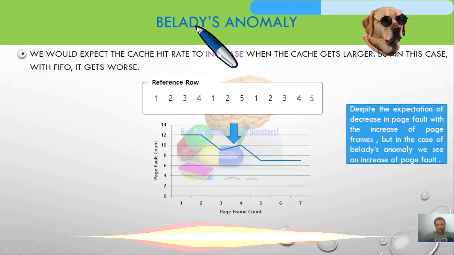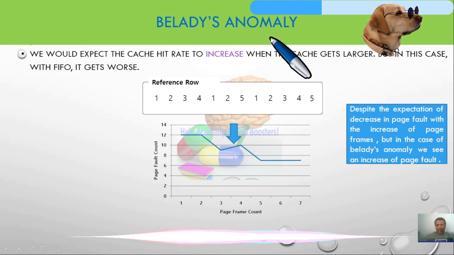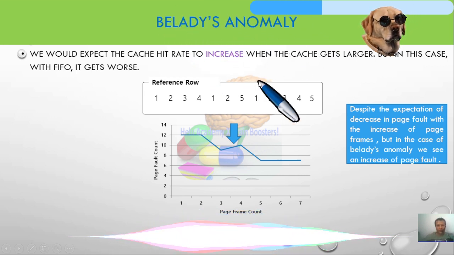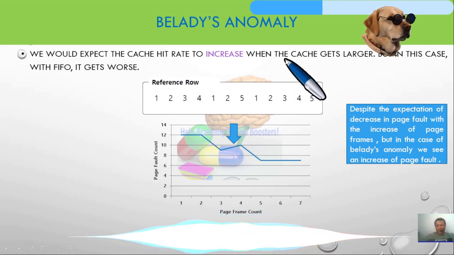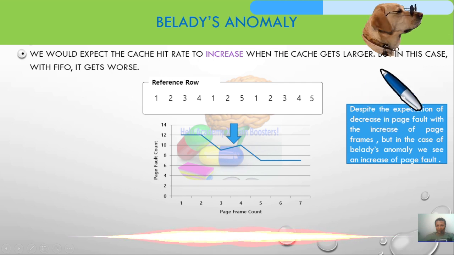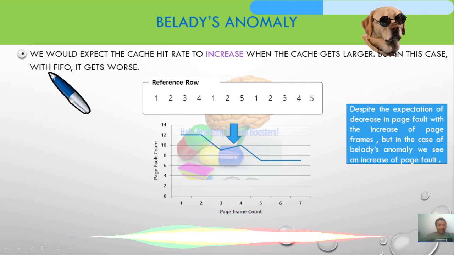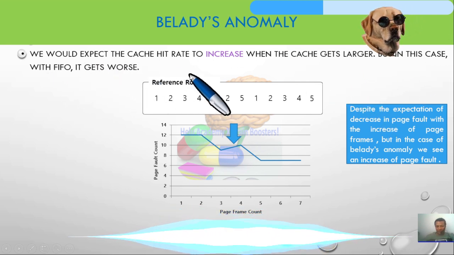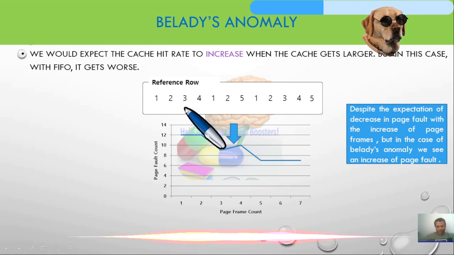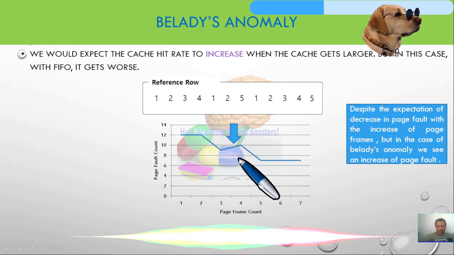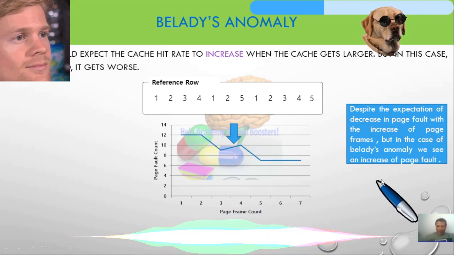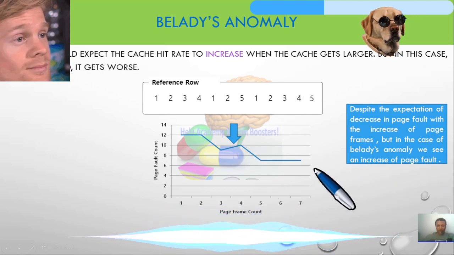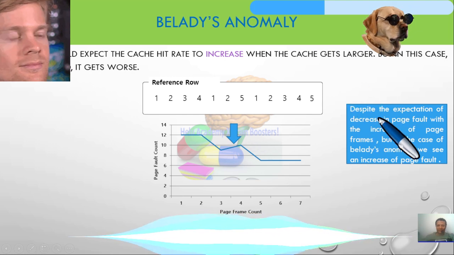Now Belady's anomaly, this is a concept we have to know. What it says is we would expect the cache hit rate to increase when the cache gets larger, but in this case with FIFO it gets worse. What does it mean? When the number of frames gets larger, the hit rate is expected to grow.